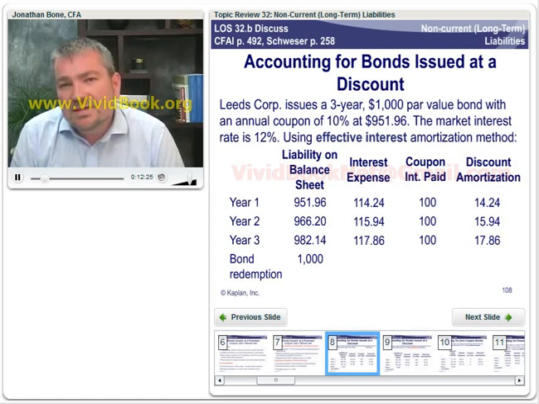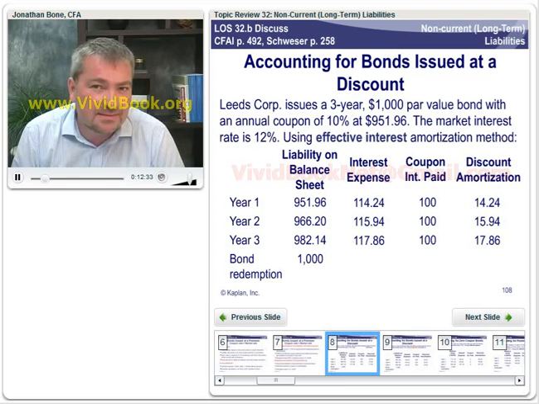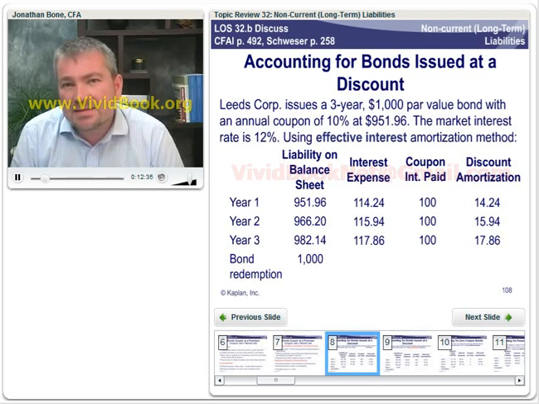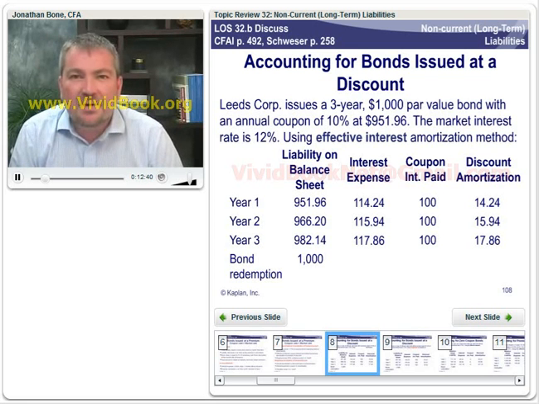So when the bond is issued, two things happen. Up goes cash by 951.96 and we record a liability in our balance sheet 951.96. The interest expense in the first period in year 1 is the opening liability 951.96. So if you do 951.96 times the yield when the bond was issued, the market rate of interest, so times 12%, and you get 114.24.